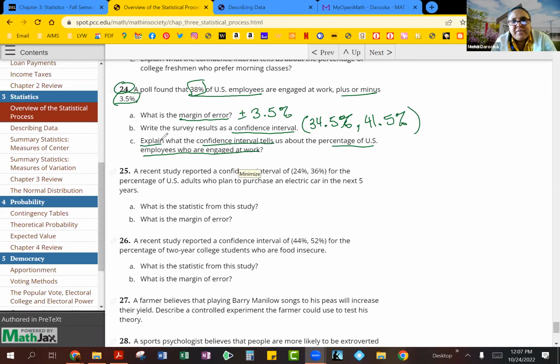So remember, your confidence interval is going from 34.5 to 41.5%.